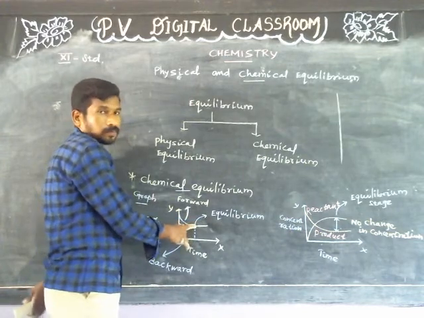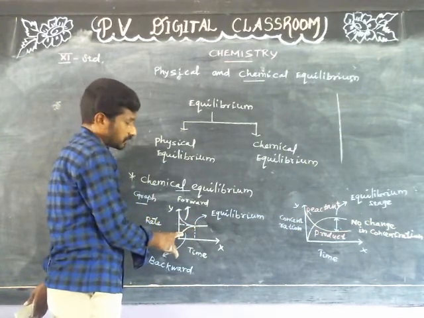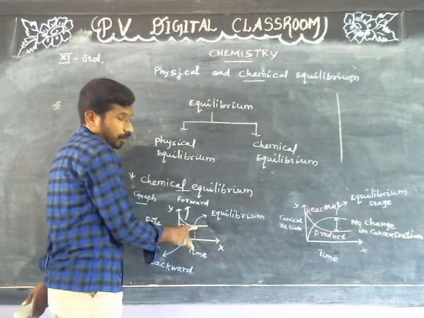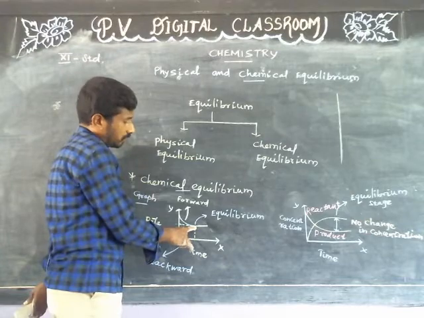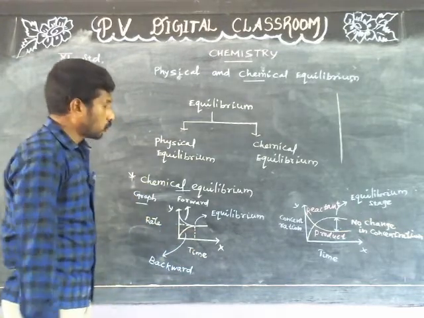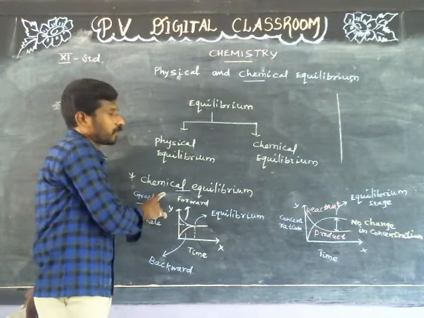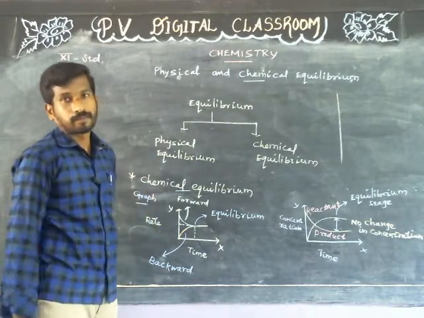At equilibrium, both the forward and backward reactions are taking place at the same rate. Due to this, chemical equilibrium is called dynamic equilibrium.